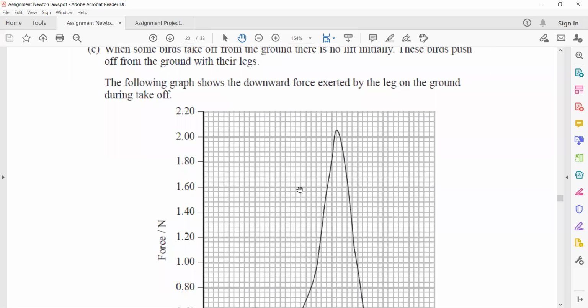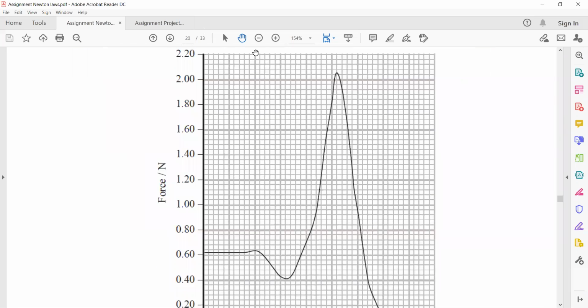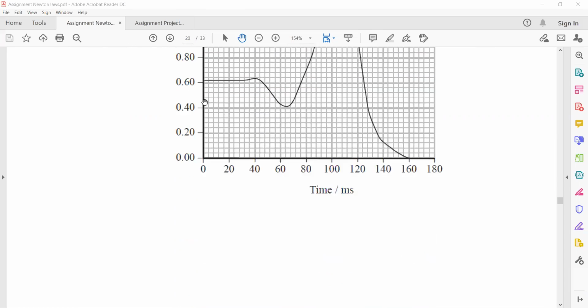As they push, because the position of the center of mass changes momentarily, you can see the resultant force is decreasing. But when they push the ground, a greater downward force gives more upward force, and that creates a resultant force against gravity. That's how they're able to lift off from the ground. This is the same thing which I discussed, how a person can jump.